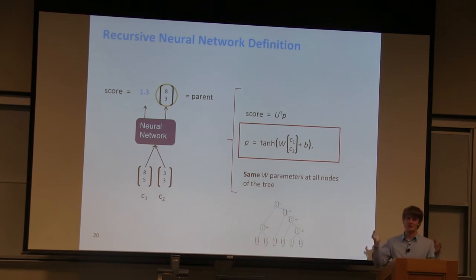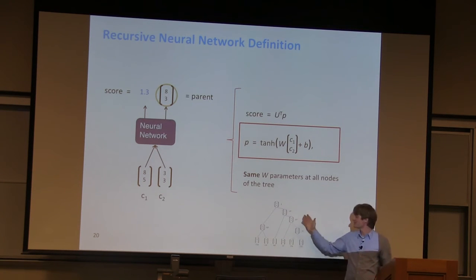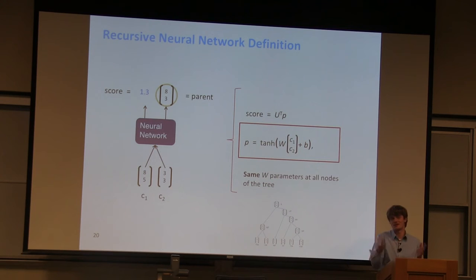Recurrent ones, the way they're currently defined, will be just chains that go from left to right. At each time step, you add one word. And so in that sense, recurrent ones are actually special cases of recursive ones, because chains are special types of trees in graph theory. And so in some ways, you can basically just assume that a lot of the stuff will follow, and sometimes the recurrent one is like the special case of a recursive tree structure that is just a left to right structure.